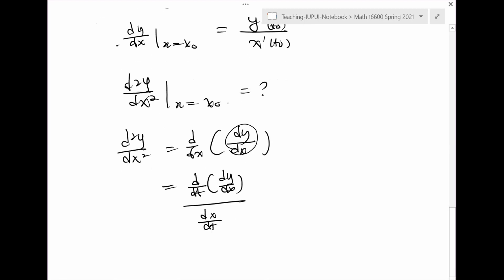So you can view it like this, where the numerator and denominator are both divided by dt, and then you get this, right?